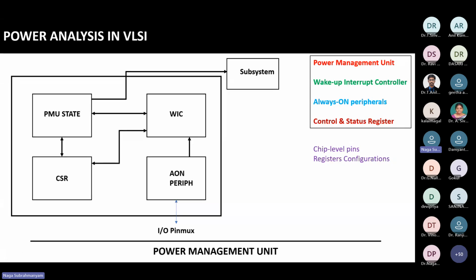If I configure those registers, the values will invoke the state machine. That state machine will send signals to the particular blocks, to the subsystem, or to the wake up interrupt controller, or to the always on block, and their data flow will start.